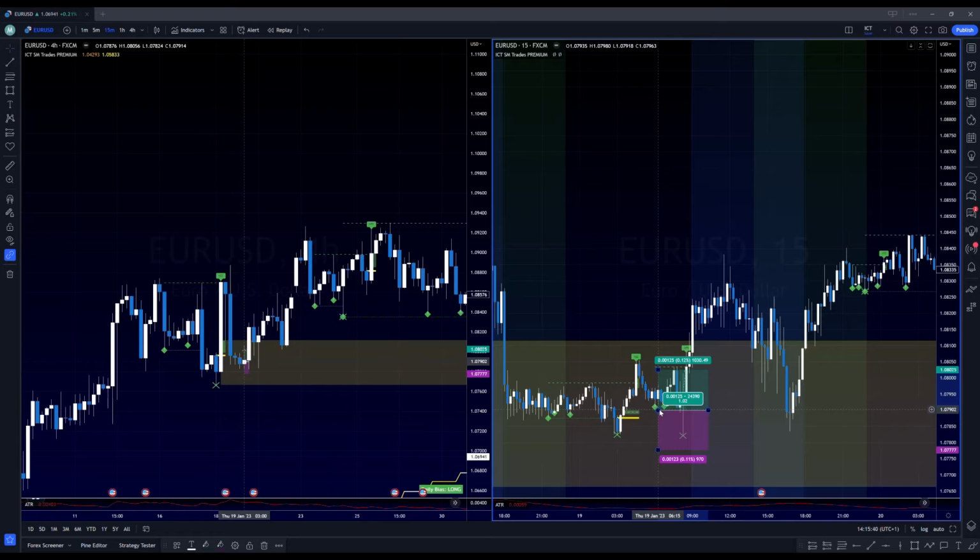And remember, this is not financial advice, this is just my own personal strategy that I like to trade, okay? We would enter on the beginning of this fair value gap, which is here, after the close of the market structure shift candle, so right here.